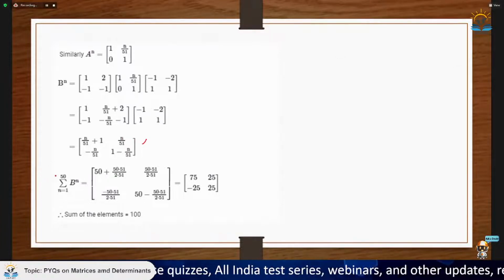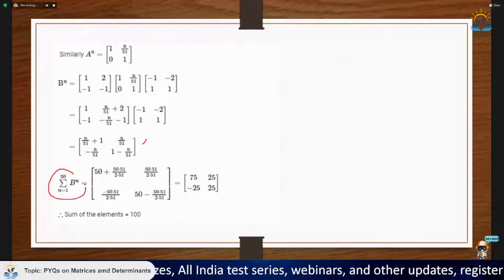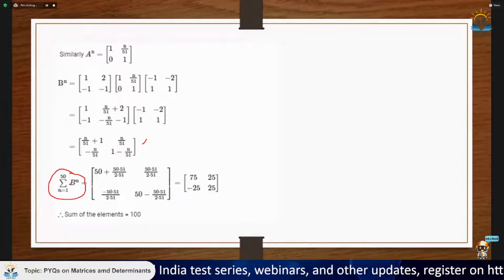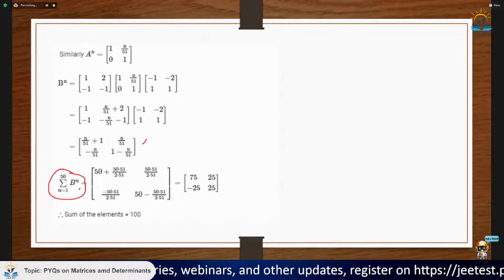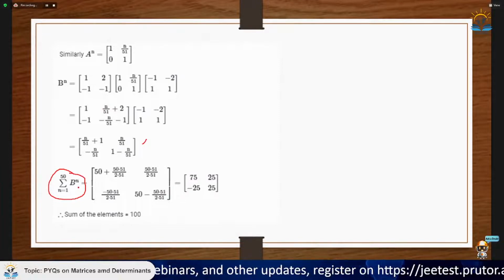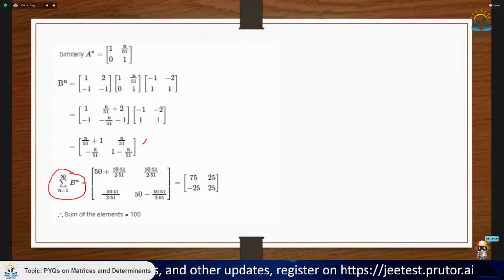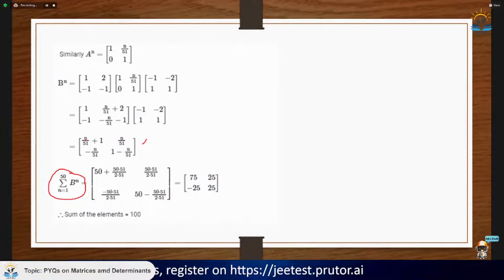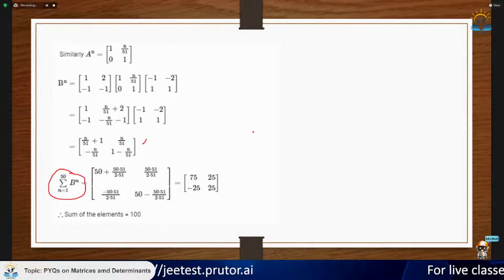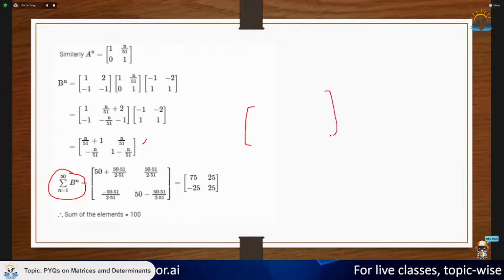Same thing. Now you need to calculate the sum of all the elements of B power n. So basically you need to sum it 50 times. So just you need to do it for n power 1 to n power 50 basically. So for n power 1, then n power 2, then n power 3, similarly so on. So sum of elements, take n equal to 50. You will get 50 plus this thing. Basically, you are applying sigma to each element.